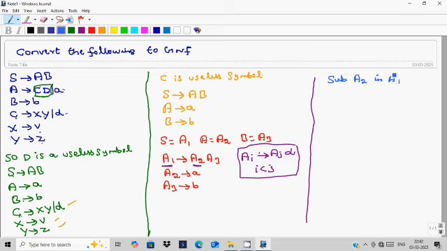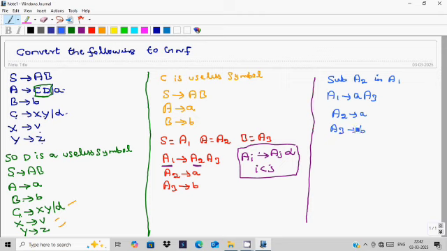When we substitute A2 in A1, A1 will become small a A3, and A3 can be written as small b. Now this grammar is in Greibach normal form.